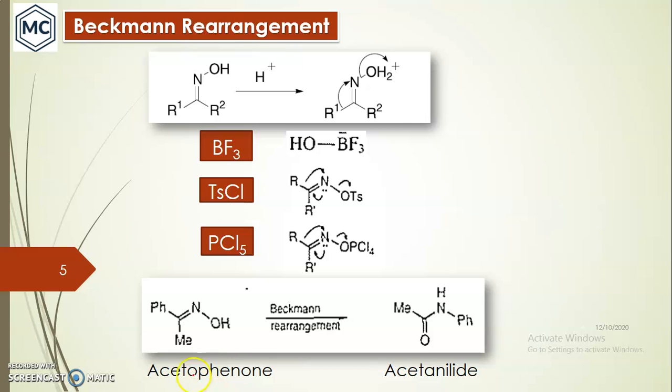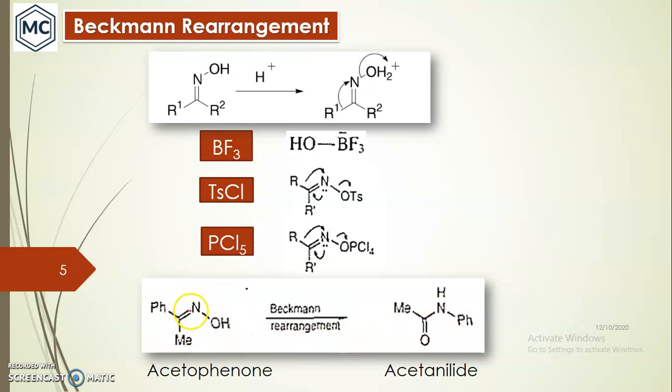In this example, I'm giving one example, acetophenone oxime undergoes Beckmann rearrangement and forms acetanilide. So what are the changes that occur here? You can see that this phenyl group is migrated because this is anti to the hydroxyl group, or trans to the hydroxyl group. This group gets migrated to this nitrogen and that is here.